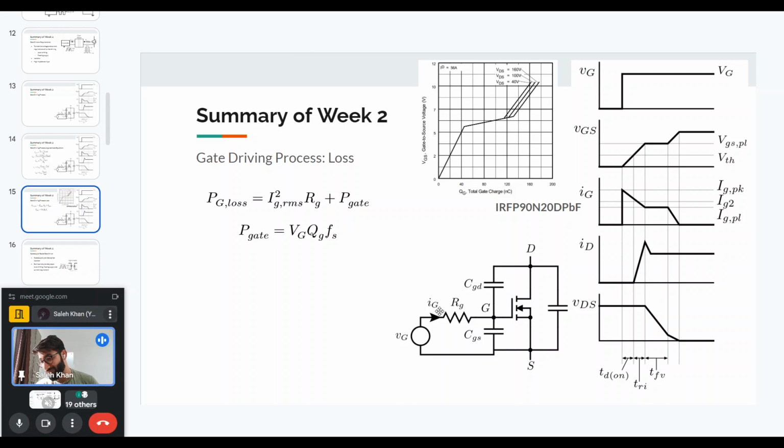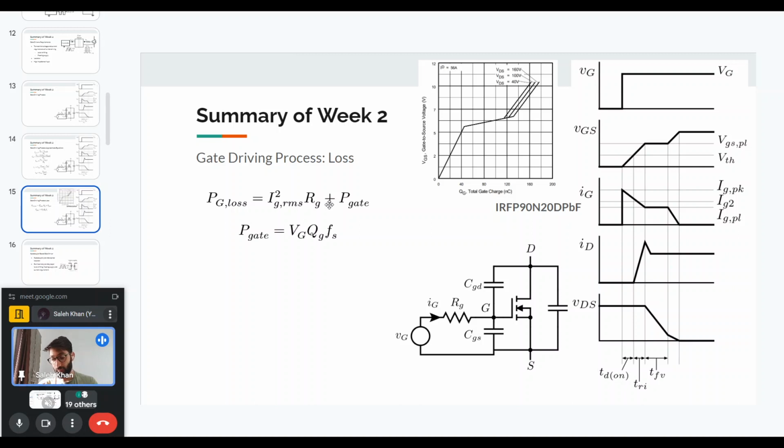Basically it is this power, the PG loss, the full power, that is the gate power plus the power that is lost in the resistance, that the gate driver IC must be able to provide.